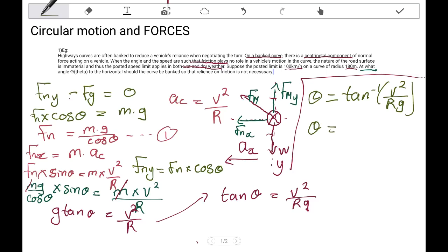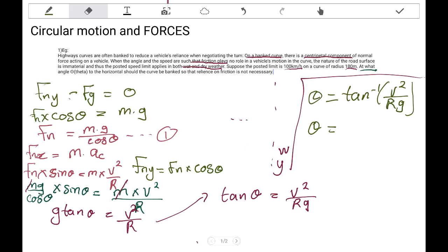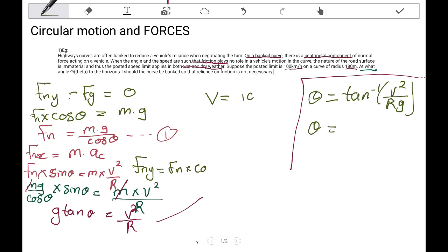km per hour. What you have to do is convert that 100 km per hour to meters per second, because velocity must be in meters per second. To convert kilometers per hour to meters per second, you say v is equal to 100 divided by 3.6.